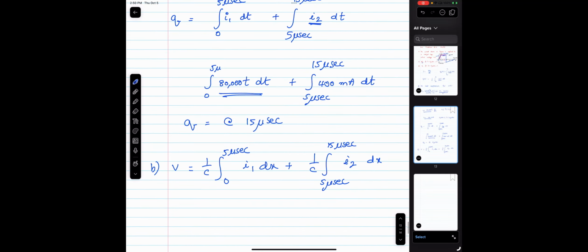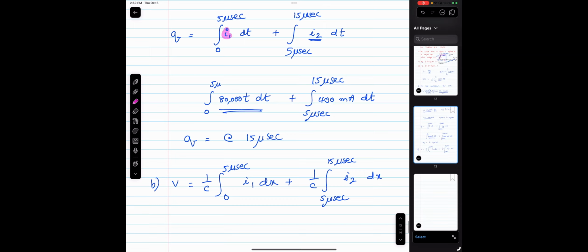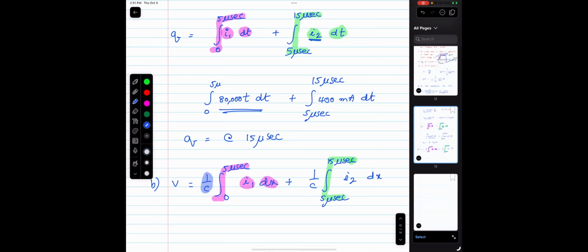So it's pretty much the same. Think about this. What you have here and here is the same. All of this is the same, and similarly, it's the same case here. The only thing that's different is now you have an additional 1 over C term.